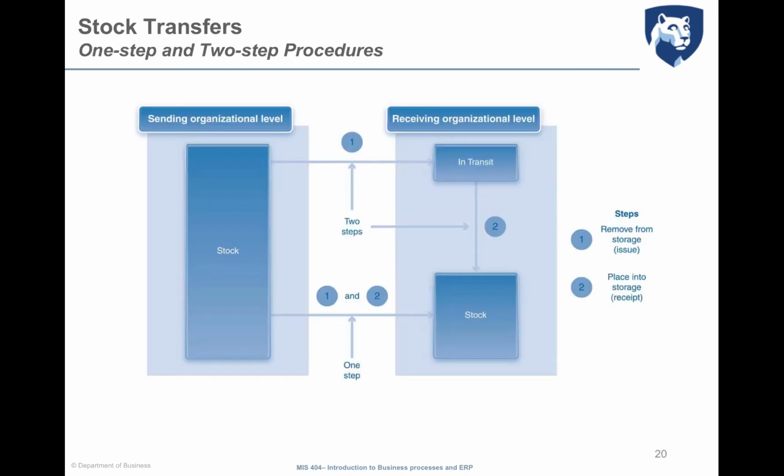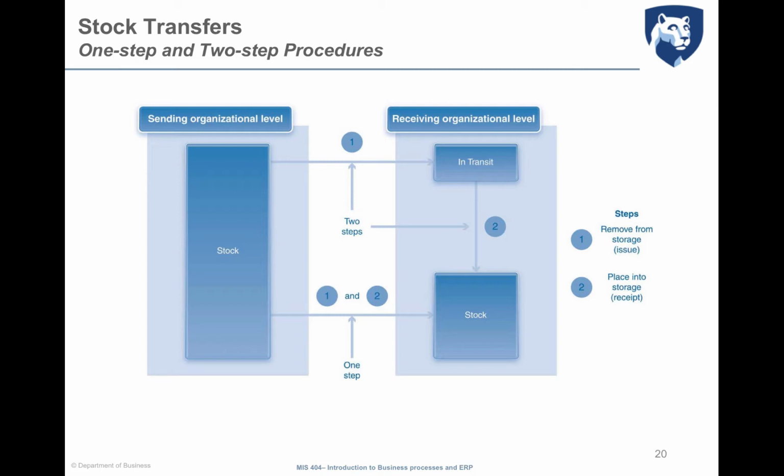Let's start with the difference between the one-step procedure and the two-step procedure. First of all, material movement consists of two tasks: goods issue and goods receipt. Issue refers to removing the material from storage at the supply or sending location, and receipt involves placing it into storage at the receiving or destination location.